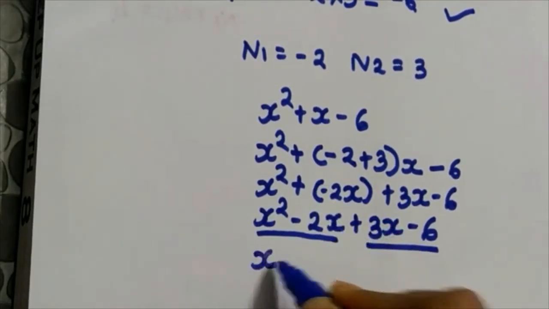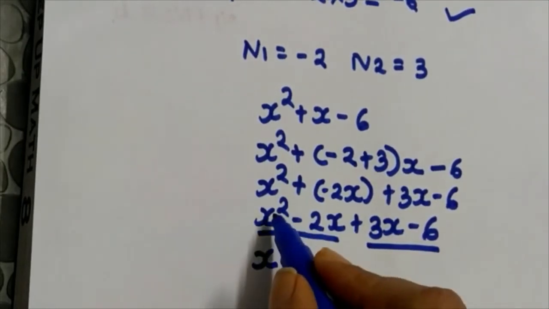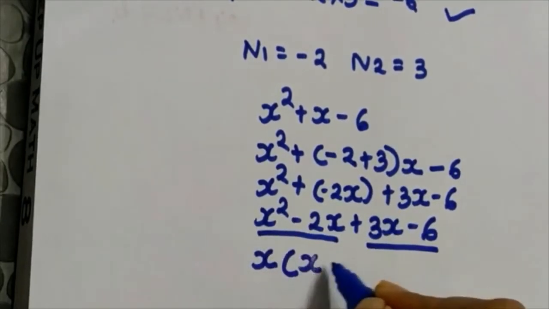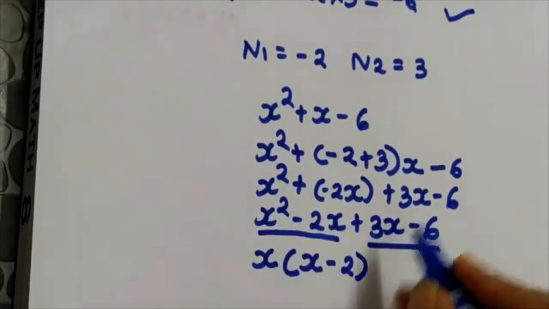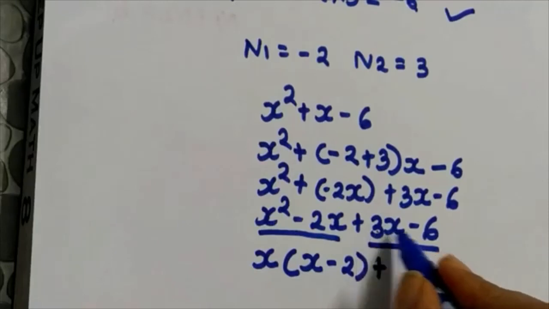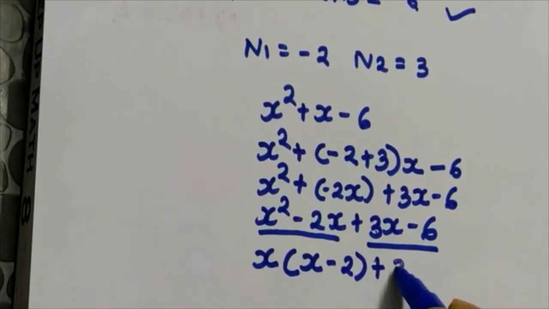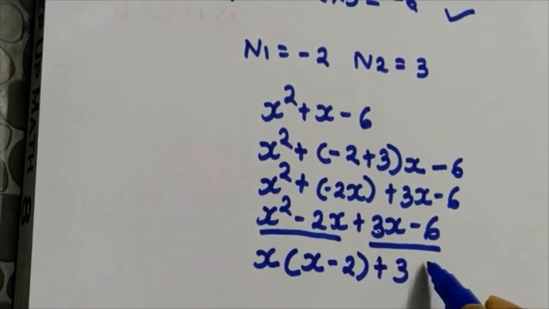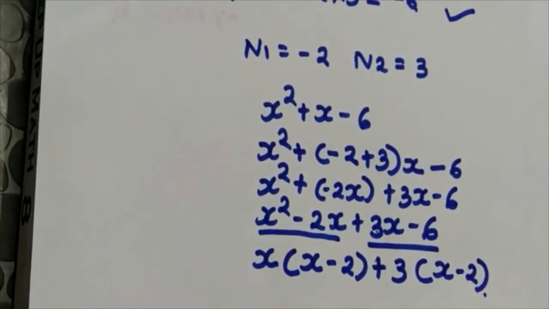So x will write out of the bracket, and inside the bracket we'll write the remaining factors, that is x minus 2. Here in this group also plus 3x minus 6. So 3 is a common. So we'll write 3 as a common factor outside of the bracket, and we will write x minus 2 inside the bracket.